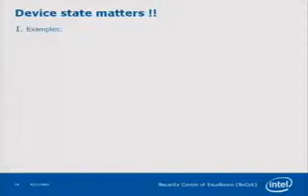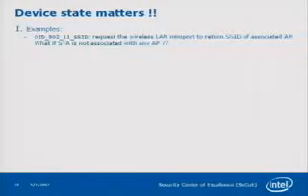A couple of words about the state of the device and the driver. Device state matters. For example, if a malicious application or a fuzzer sends OID 802.11 SSID, this is a request that the wireless LAN miniport needs to answer by returning the SSID of the associated access point. So what if the station is not associated with an access point?